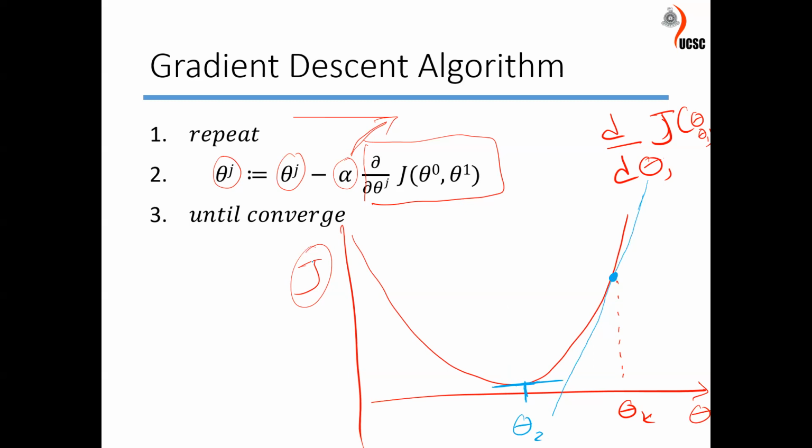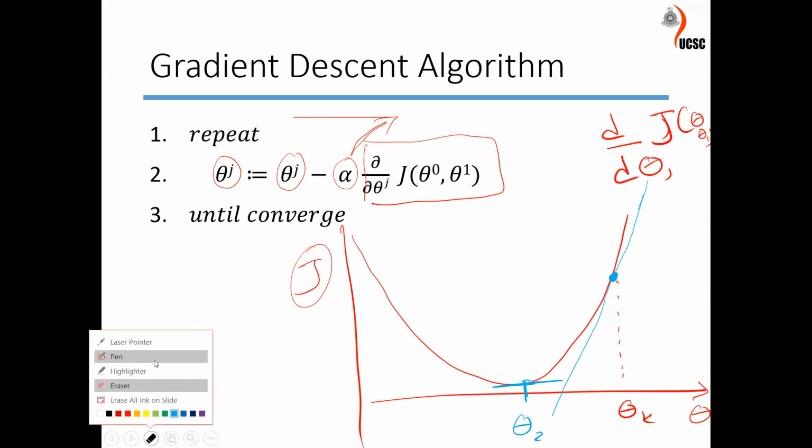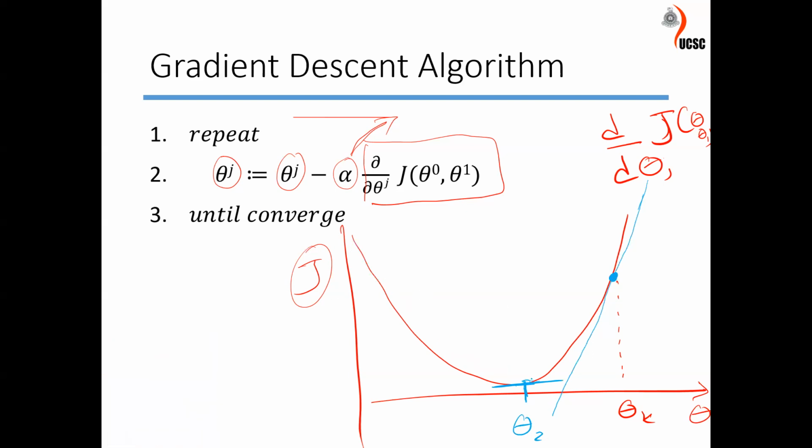The function's minimum is here. So we should find this specific point, and to do that we can use this derivative.